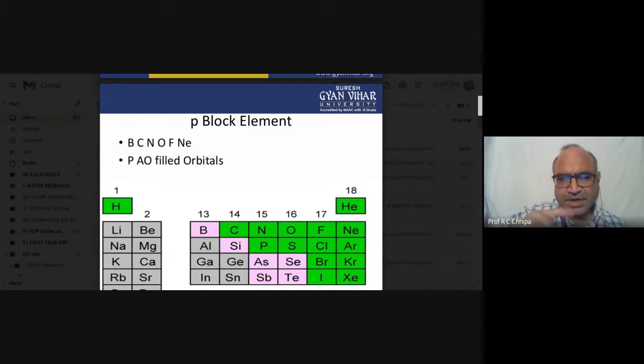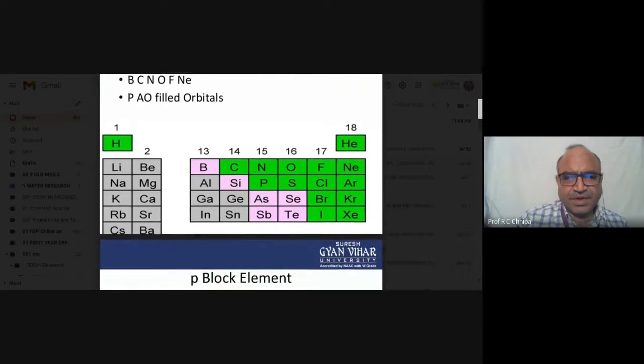The 3p block will be aluminium, silicon, phosphorus, sulfur, chlorine, argon; then gallium, germanium, arsenic, selenium, bromine, and krypton. Then we have indium, tin, antimony, tellurium, iodine, and xenon. So this is all over the periodic table.